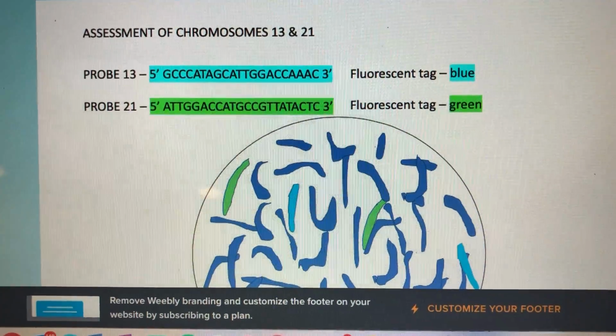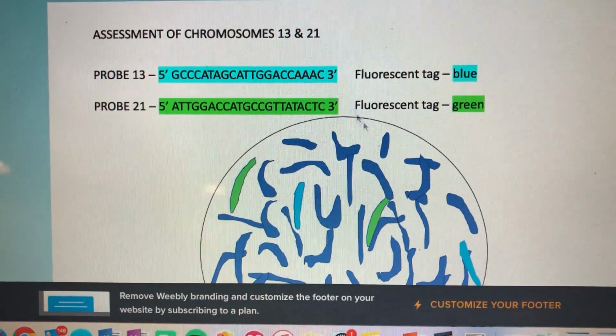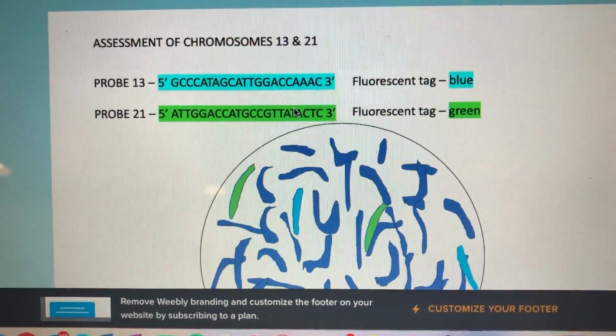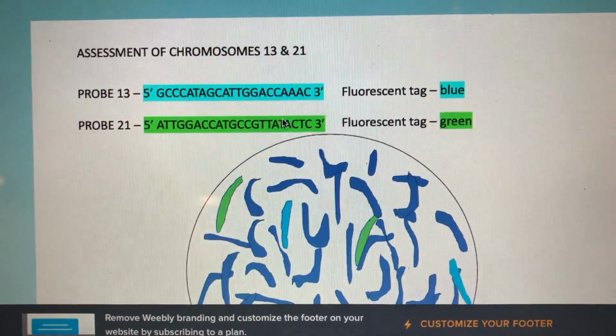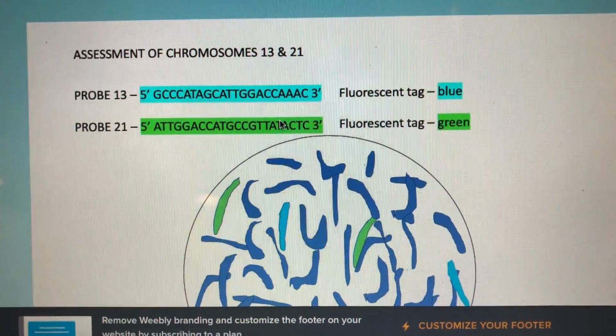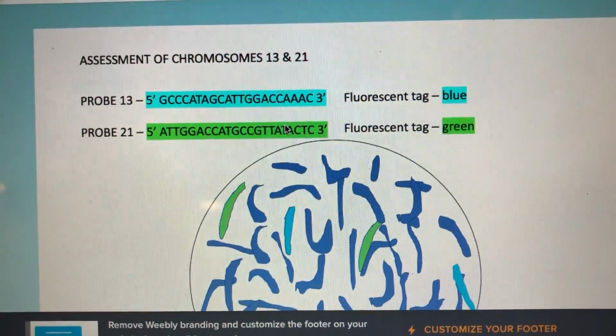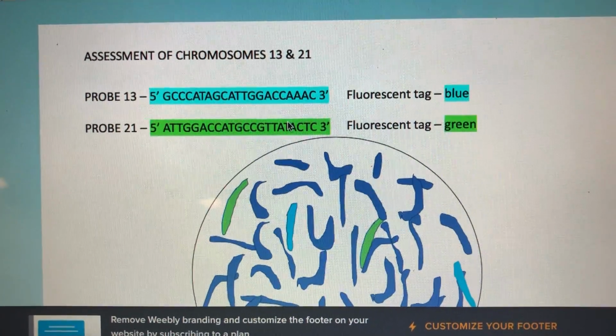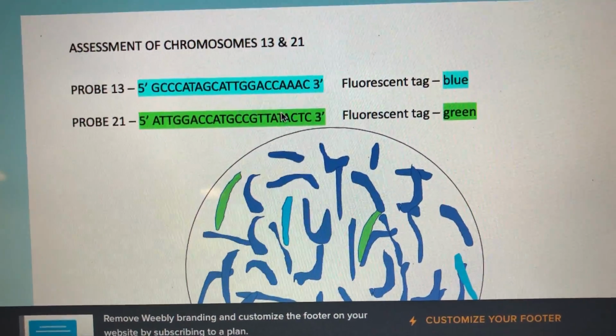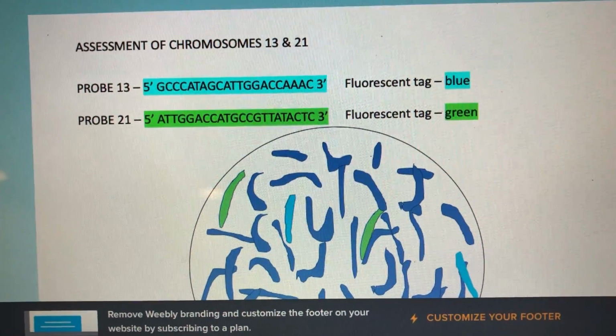The same thing goes for probe 21. The sequence we see here is complementary to a segment of DNA seen in chromosome 21. So any visualization of green fluorescence is going to indicate chromosome 21.